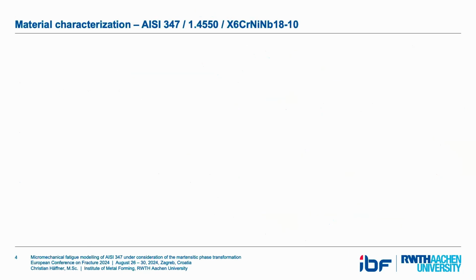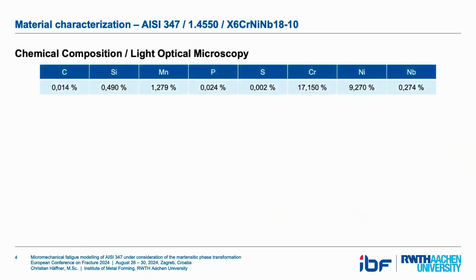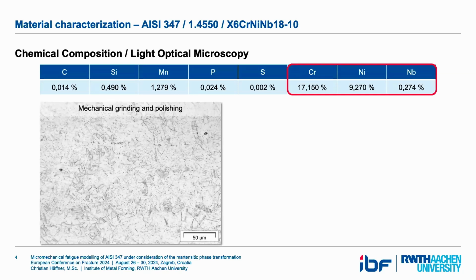So if we dive now into the material, which is also in my title, it's austenitic stainless steel. The main elements are chromium, nickel, and also a little bit of niobium. So nothing special here. But if we now have a look at the microstructure, which you can see here, we can see mainly austenite. I say mainly because we also have a little bit of martensite in here, these darker gray packets.